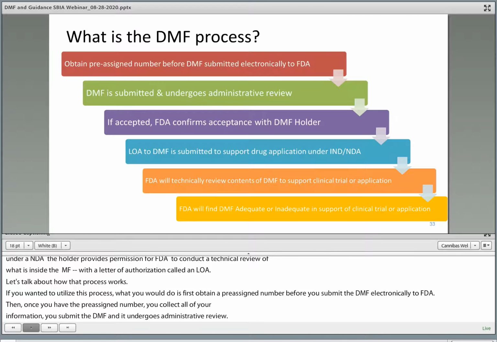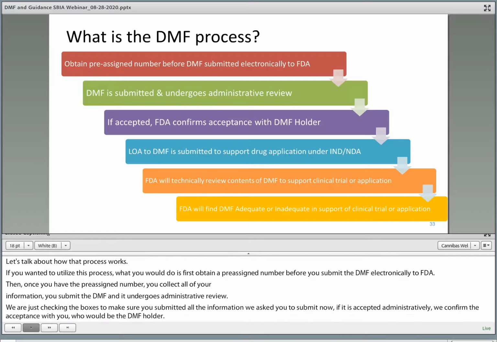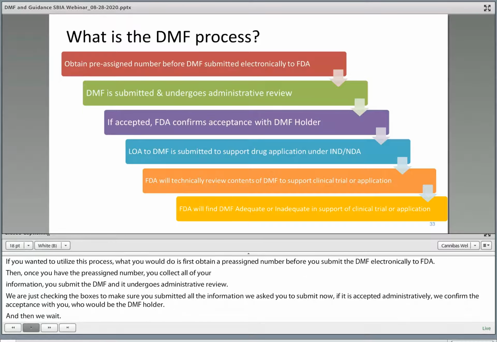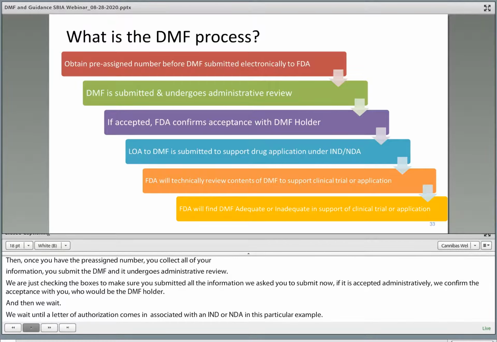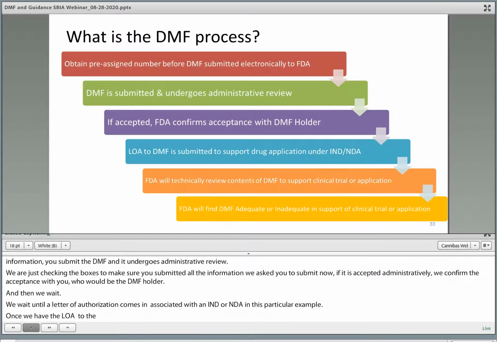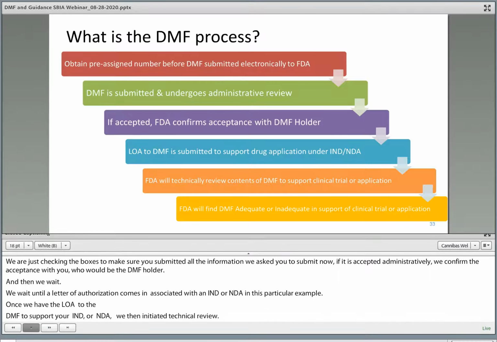And then we wait. We wait until a letter of authorization comes in associated with an IND or an NDA in this particular example. And then once we have that LOA to the DMF to support your IND or NDA, we then initiate what's called a technical review. So FDA reviewers, like myself and my CMC colleagues, will review the technical contents inside of your DMF to support a clinical trial, which is an IND, or an application, which is for an NDA.